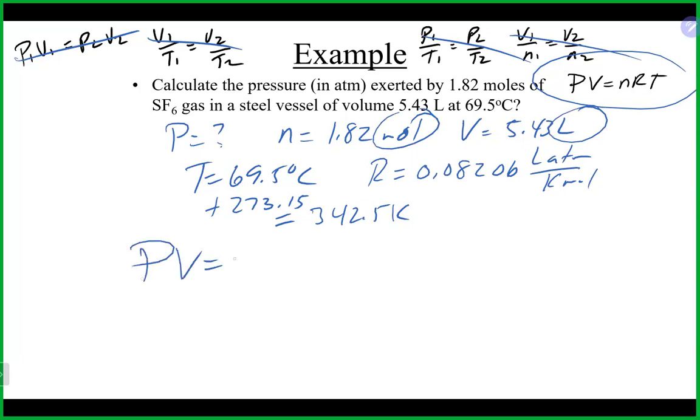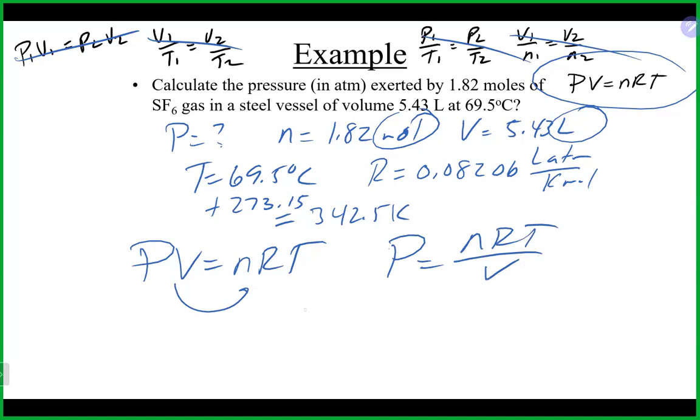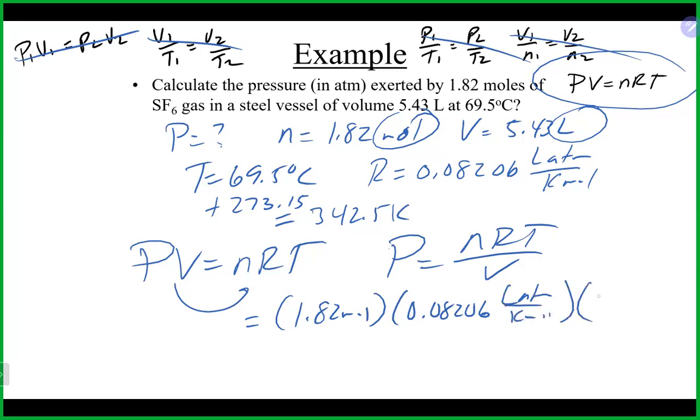So PV equals nRT. We're going to divide by volume to the other side, which gives us P is equal to nRT divided by V. So we will have our 1.82 moles, 0.08206 liters atmosphere per Kelvin mole, our temperature in Kelvin, 342.5 Kelvin, and our volume of 5.43 liters.